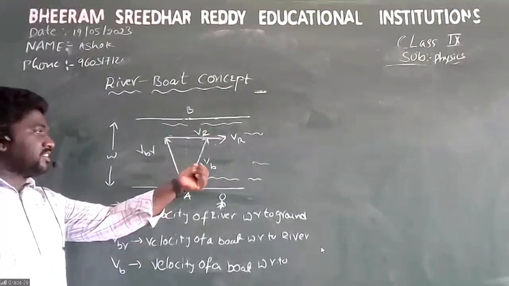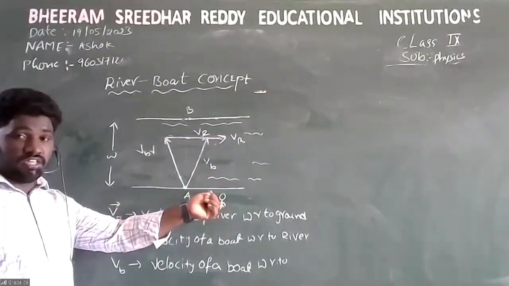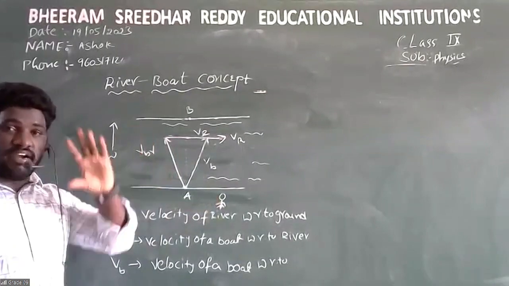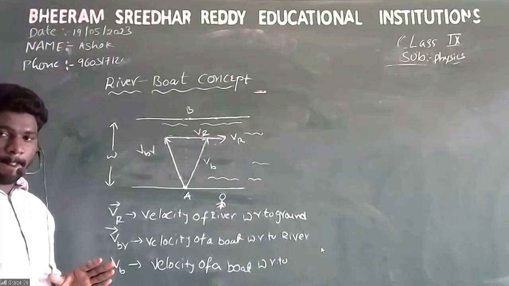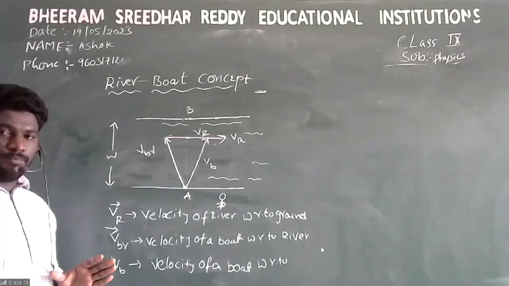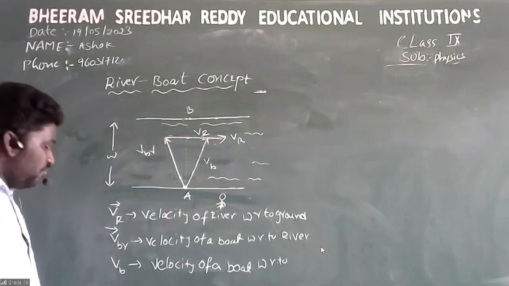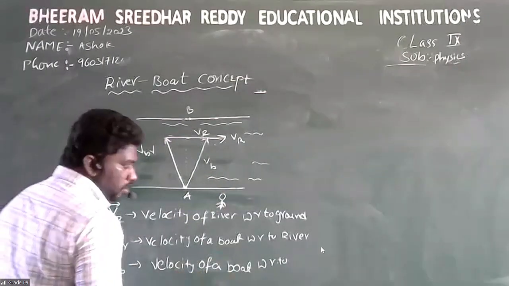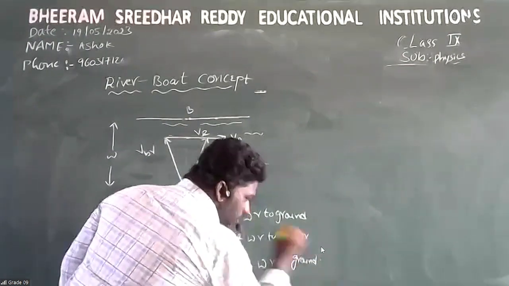Who is observing this direction? A person, an observer, with respect to the observer. Where is the person standing? He is standing on the ground. Good, very good. Now VB is the velocity of a boat with respect to the ground.